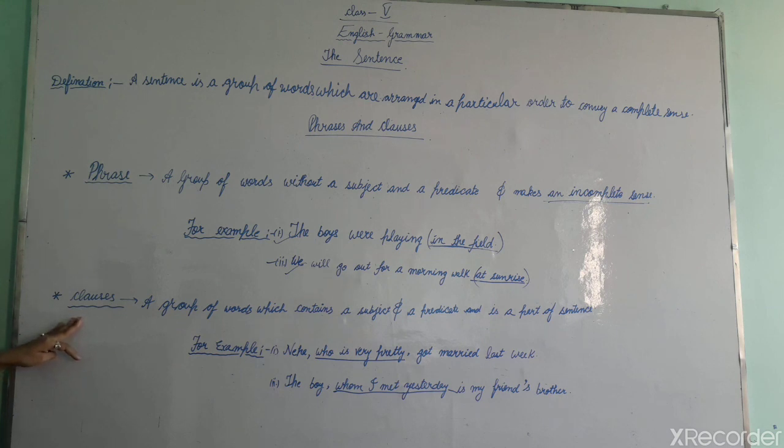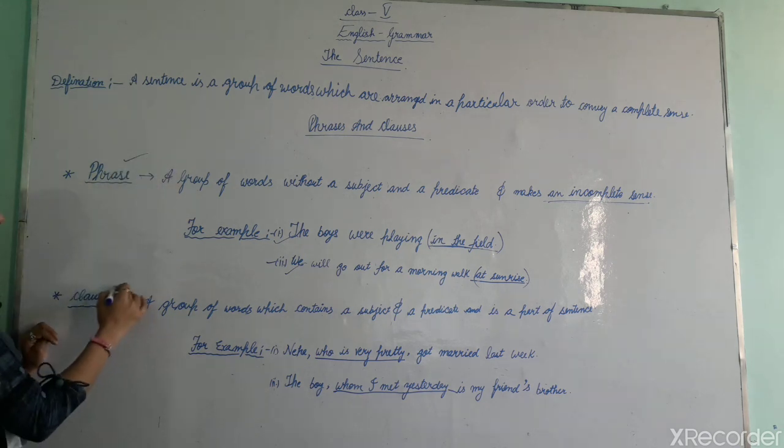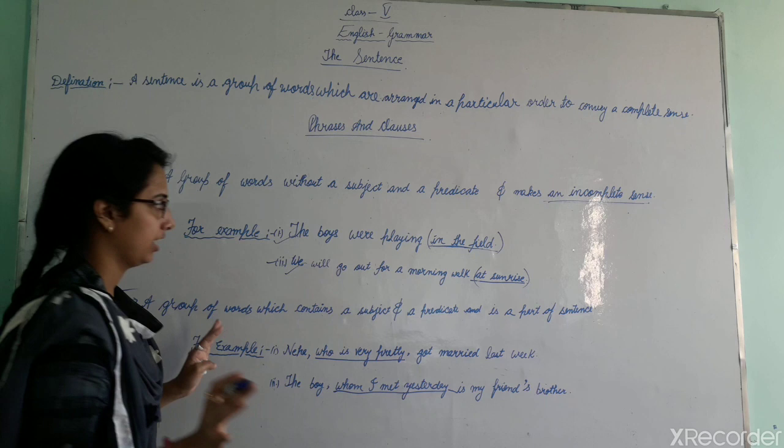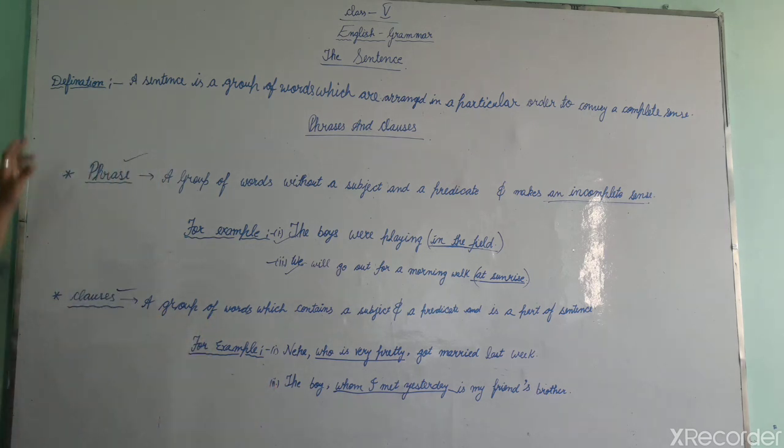Secondly, clauses. A clause is a group of words which contains a subject and a predicate, and it is a part of a sentence. Both phrases and clauses are parts of a sentence, but the main difference is that a phrase does not make any sense on its own, while a clause makes complete sense after separating from the sentence.